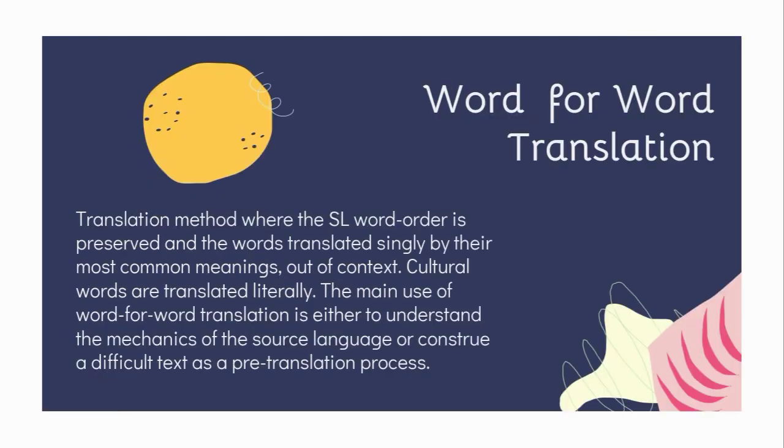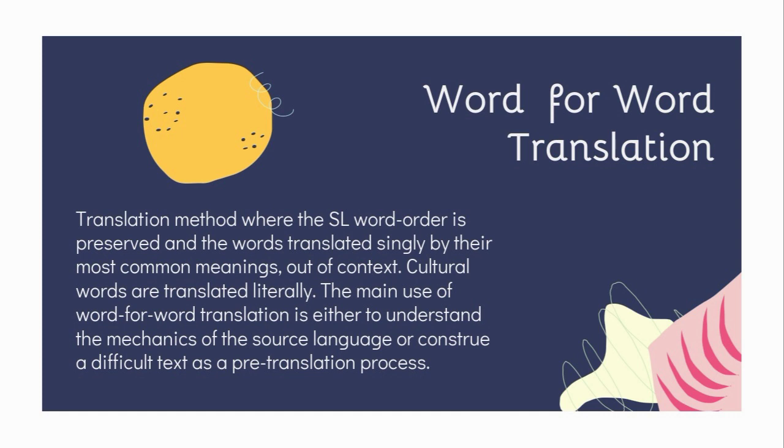Word-for-word translation. According to Newmark, word-for-word translation is a translation method where the source language word order is preserved and the words are translated singly by their most common meanings out of context. Cultural words are translated literally.